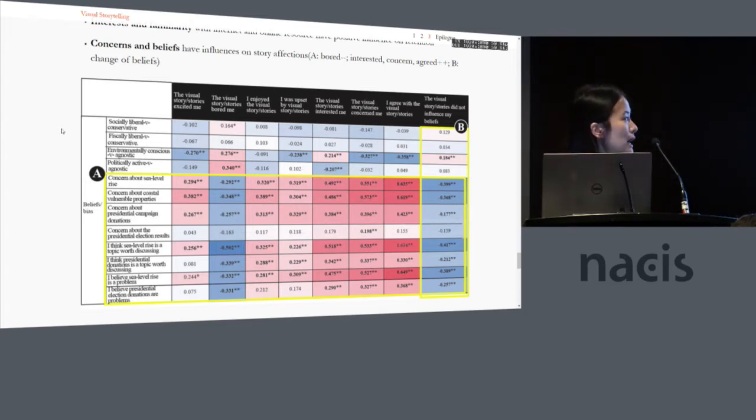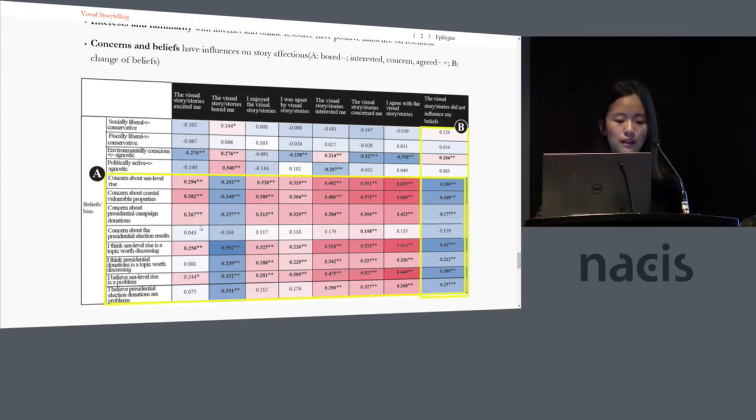This table is also color highlighted. It's about the result of Spearman coefficient between the self-rating scores of questions like, I think sea level rising is a topic worth discussing, or, I'm concerned about presidential campaign donations, and the self-rating scores of questions like, I think this concerns me, I think this story interests me, their feelings about the story.